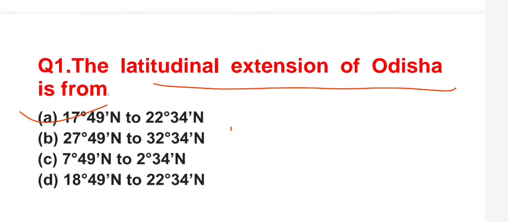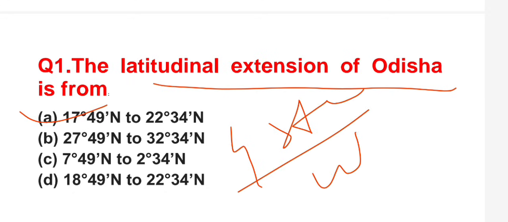If we talk about Odisha, it covers a significant range from India's southern tip towards the Tropic of Cancer. It is lying along India's eastern coast and it's bordered by the Bay of Bengal. Odisha is surrounded by 4 states. First one is West Bengal, second one is Jharkhand.